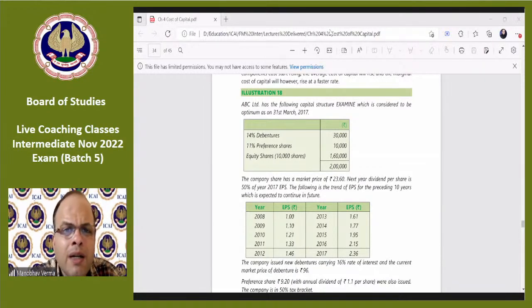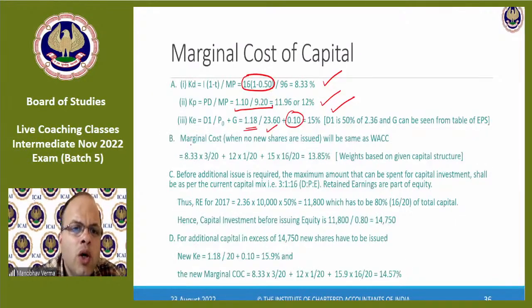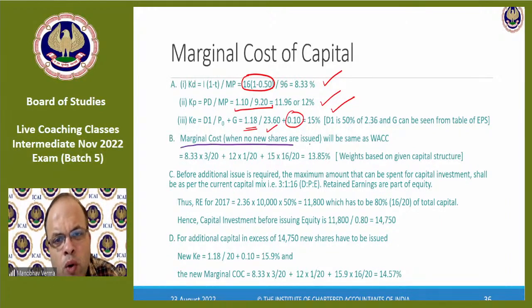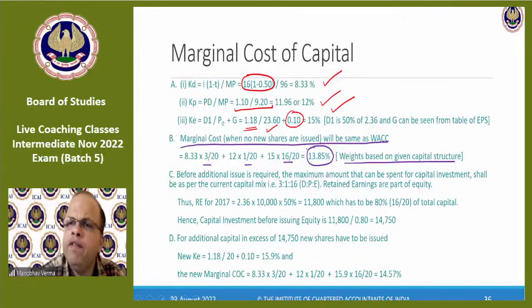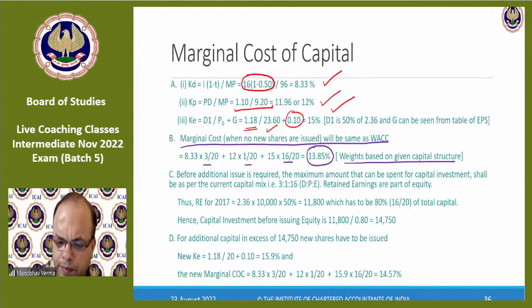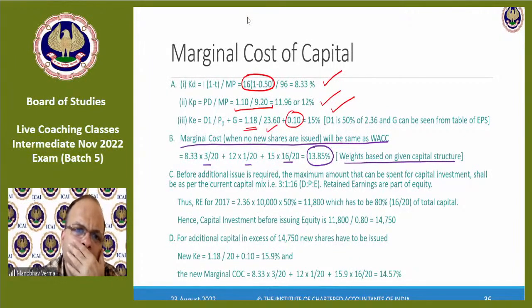So we're talking about the same costs allocated to the weights given in the capital structure. So 3, 1, and 16. And we come to 13.85. I hope everyone is with me on this till option B.